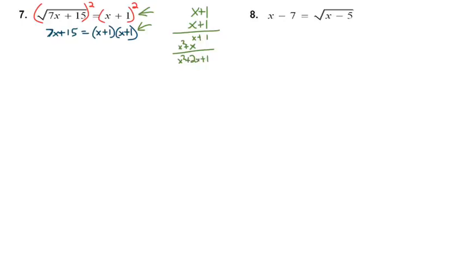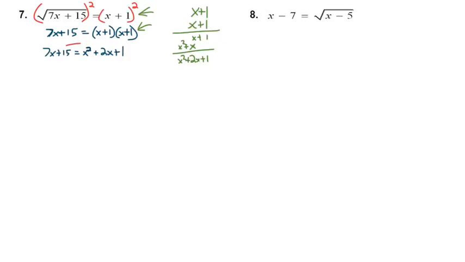So we get 7x plus 15 equals x squared plus 2x plus 1. From here, we have an x squared, so this is a quadratic. We have to solve this using either factoring, completing the square, something. But the first thing to do is to move everything to one side.